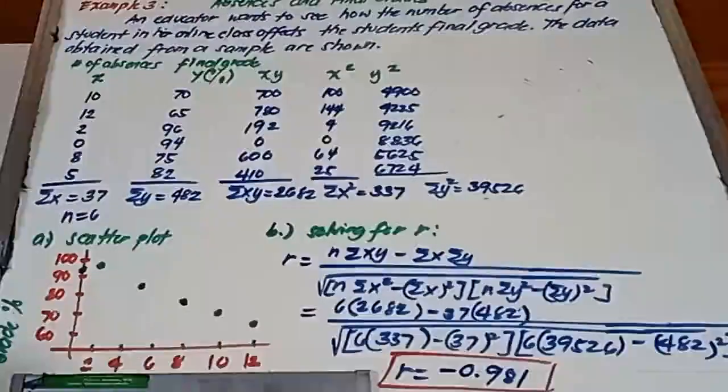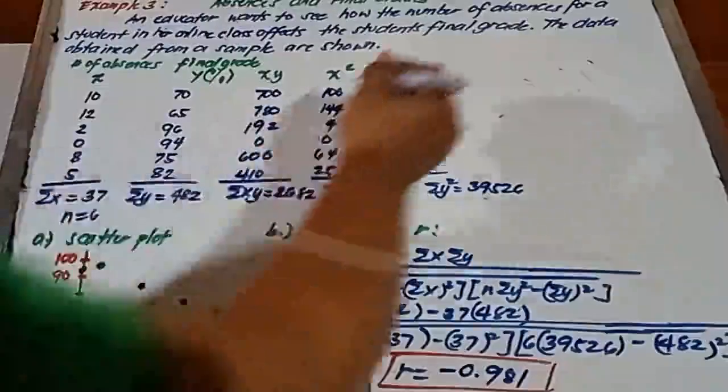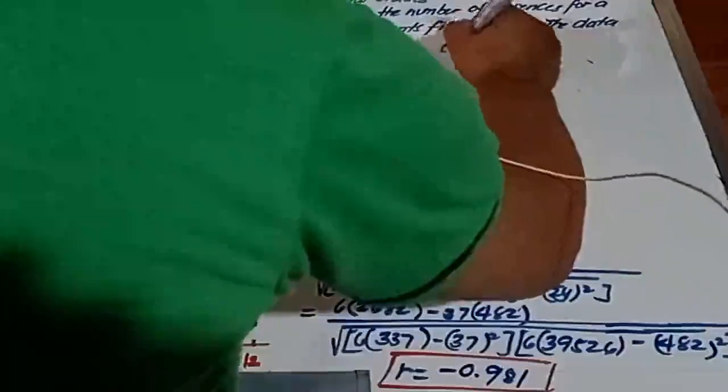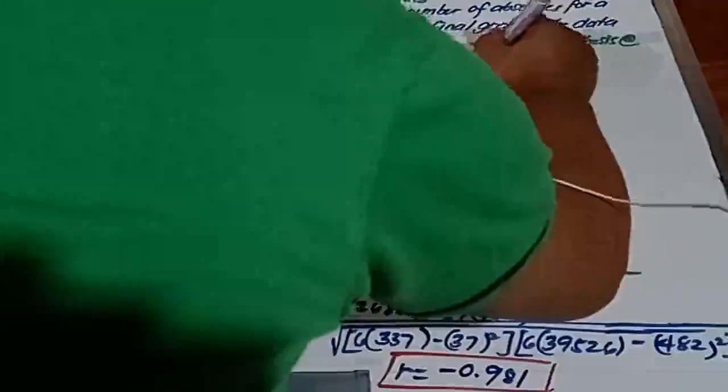And then yung third step natin is i-test natin kung may significant relationship yung dalawang variables natin. So that is step number 3. Test the hypothesis at alpha equal to 0.05.